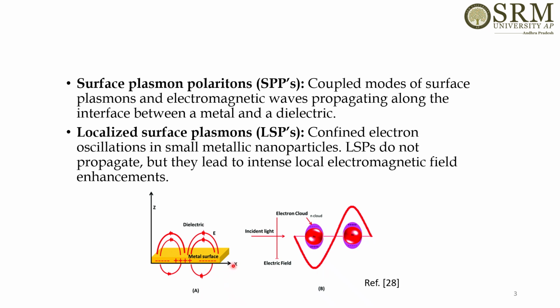In figure A, we can see the surface plasmon polariton coordinate system, and in figure B, we can see an electron cloud. This is the oscillation. Whenever we are incident with light on the interface, the surface plasmon and the electromagnetic waves are coupled together and propagate in the particular direction.